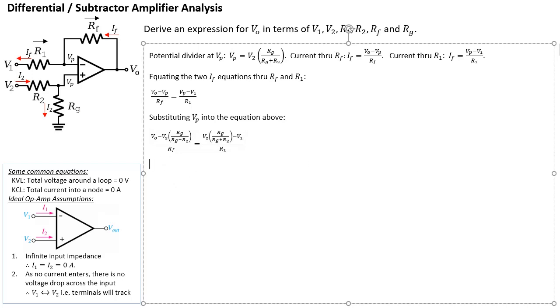So the left side would be this expression at the top here, equal to this RF multiplied here, which means I'm going to get RF over R1, multiplied by this whole thing here, multiplied by all of this up here. All right. Okay, so close that.